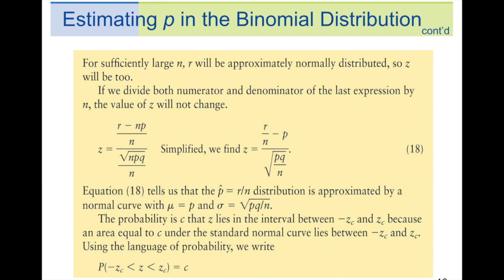The probability is c that z lies on the interval between negative z sub c and z sub c, because an area equal to c under the standard normal curve lies between negative z sub c and z sub c. Using the language of probability, we write the probability that negative z sub c is less than z is less than z sub c equals c.